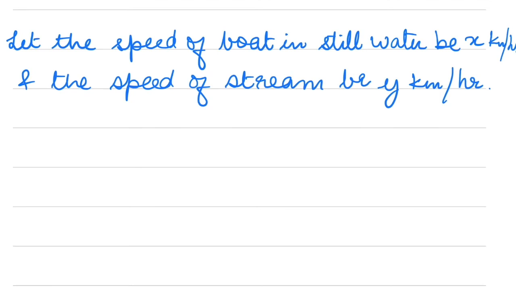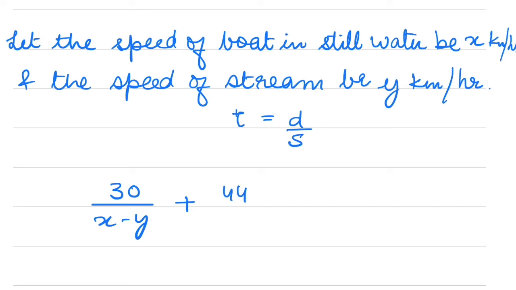We are given the comparison with time, so we know that time is equal to distance by speed. So now we can say it goes 30 km upstream. For upstream, the speeds of boat and stream will be subtracted. So x minus y will be the speed, and the time taken to go downstream would be 44, that's the distance, and the speed will be x plus y.